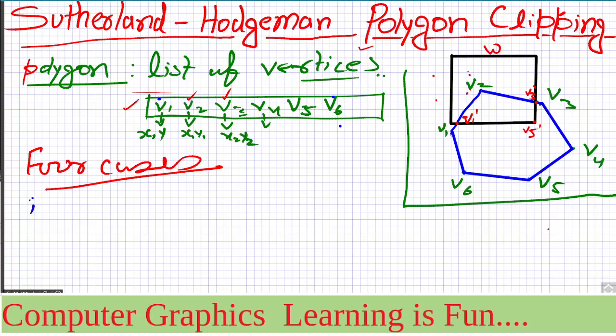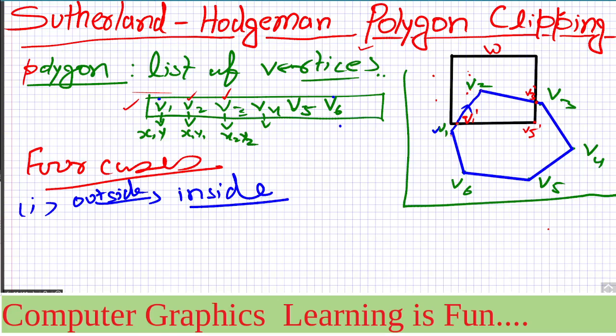The first case: the line is going from outside to inside. Suppose the line is something like v1 to v2. The line is going from outside to inside, meaning the first vertex was outside and the second vertex was inside.